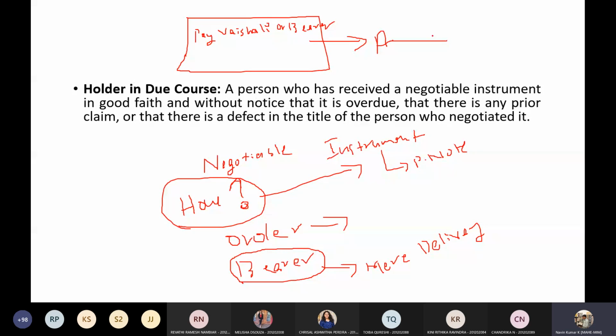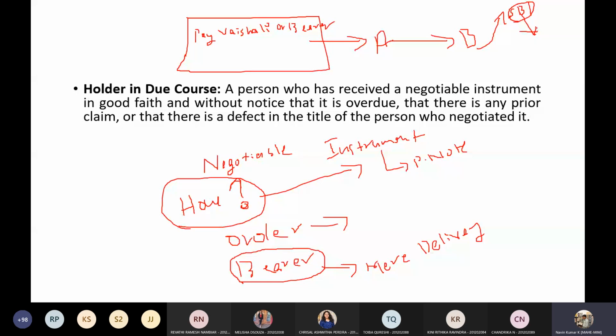Suppose A transfers the instrument to B, does A need to do anything? He need not do anything because it is a bearer instrument. Suppose B goes to the bank, suppose SBI, and wants to encash the instrument at the counter, he will get a payment.